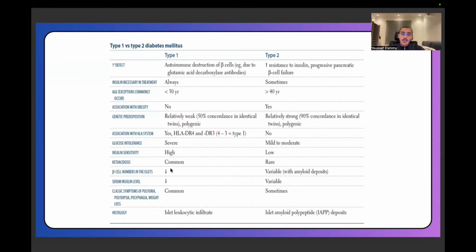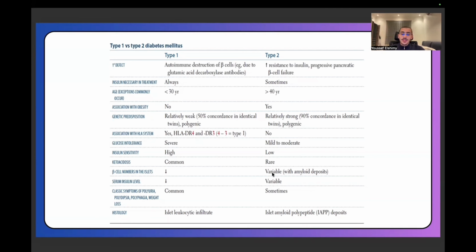Ketoacidosis is very common in type 1 because of the unopposed glucagon effect, and they don't have the protective effect of insulin. It is rare in type 2 because you still have insulin. Beta cells are destroyed in type 1, so decreased. In type 2 it's variable, because at first it's normal, then it increases, then it decreases.